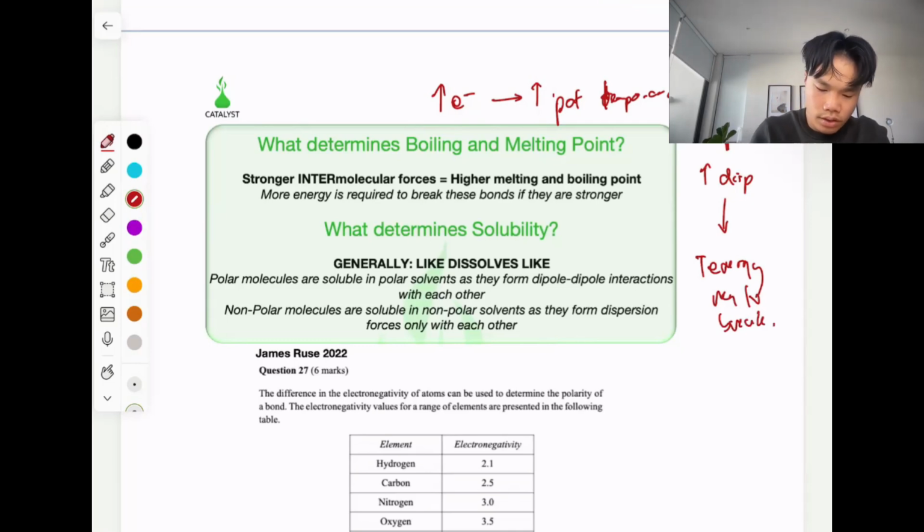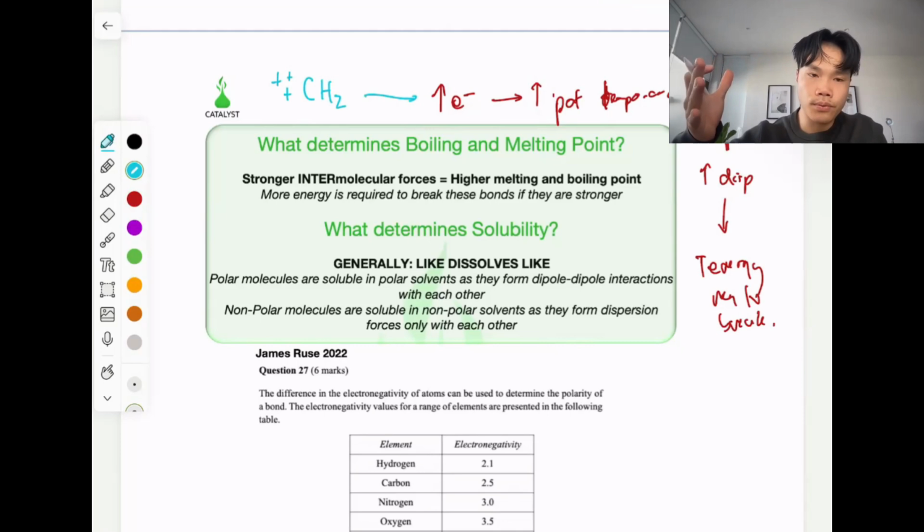Yes. So as you increase the chain length in a homologous series, so you're adding on CH2s one by one, that will mean that each time you add on a CH2, you have an extra 14 electrons in your molecule. And having more electrons permits stronger temporary dipoles to form. Does that make sense first, Jay?